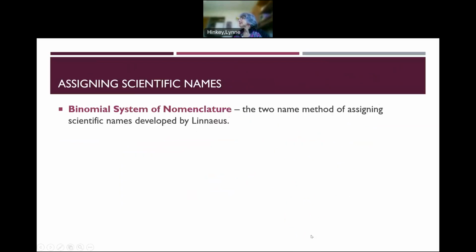So when we assign scientific names, we use that genus and species. That's the scientific name. We say it's binomial nomenclature. Binomial, by two nomen names, so binomial nomenclature, two names, and Carl Linnaeus is the one who developed this system that we still use to this day.